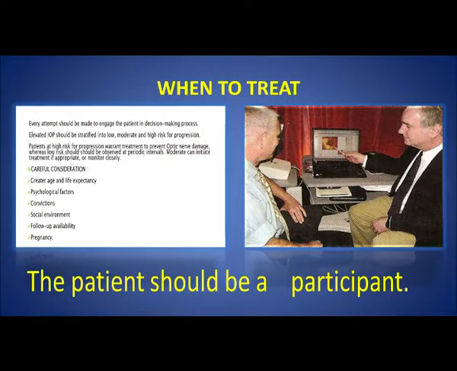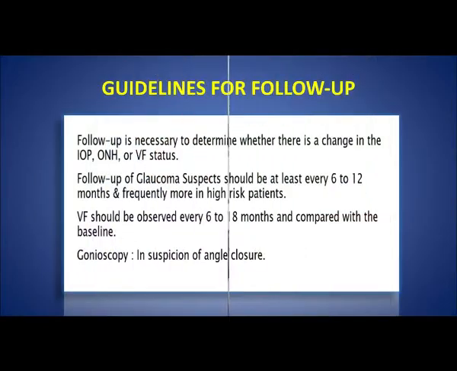When to treat? The patient should be a participant. You should engage your patient in the decision-making process. And don't forget to follow very important guidelines. Follow-up is necessary to determine whether there is change in the IOP, optic nerve head, or visual field status.